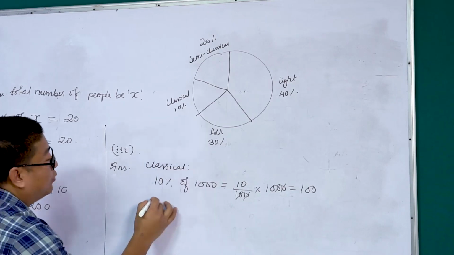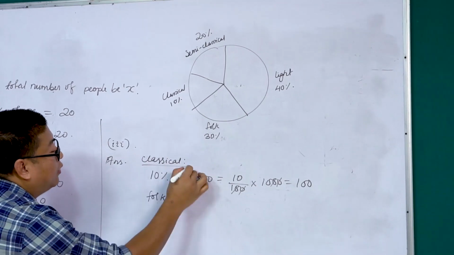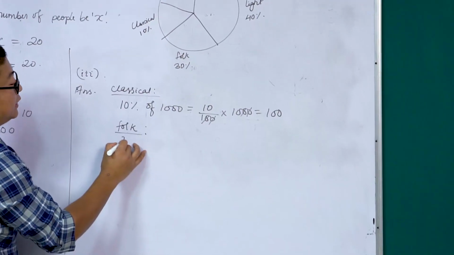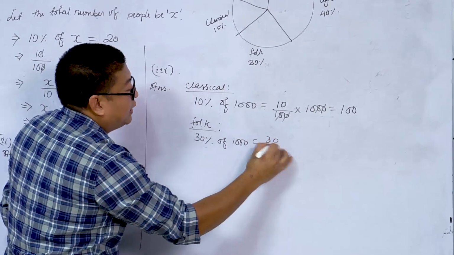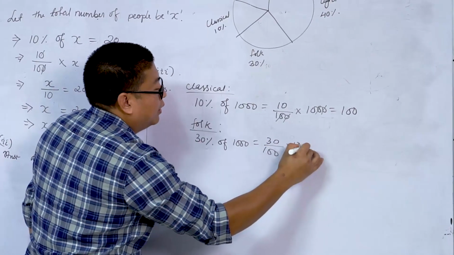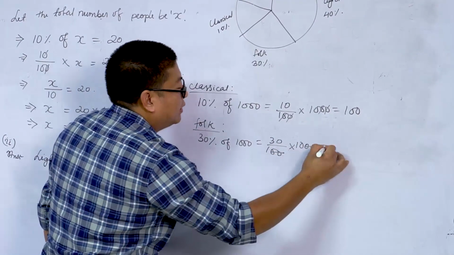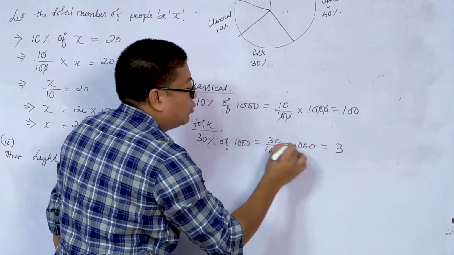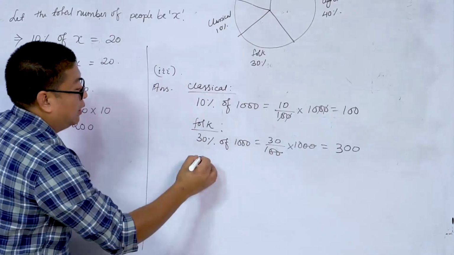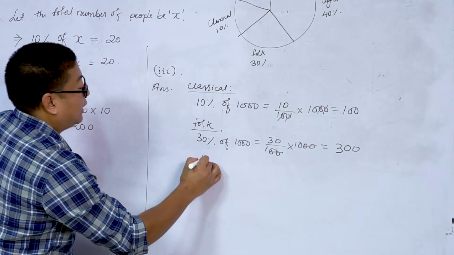Now next we can go for folk. Folk is 30% of 1,000. So 30 by 100 into 1,000, same thing happens here. Now we have 30 into 10, so 3 into 1 is 3, 2 zeros. Next is light.